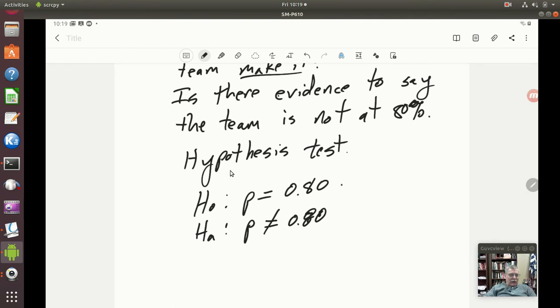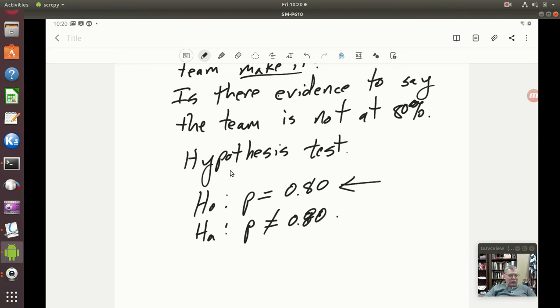It's either 80% or it's not 80%. Your null hypothesis should always be about equality, a single, one particular case, and then the alternate is typically everything else. And so we want to run this hypothesis test.